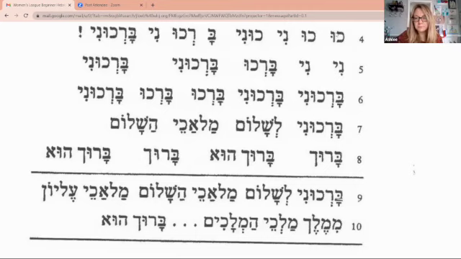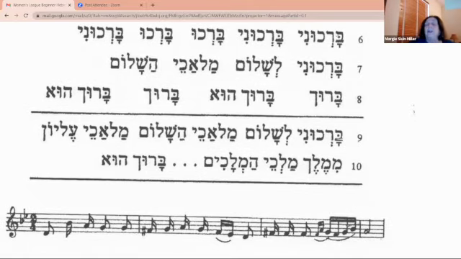Baruch, baruchu. And so again, in the prayer we're learning, Shalom Aleichem, Baruchuni, l'shalom, malachi, hashalom, malachi, Elyon.